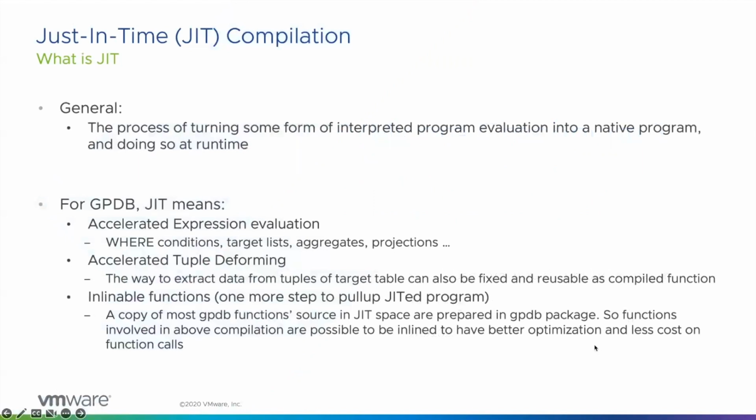JIT is not unique to GPDB. In general, it means the process of turning interpreted programs into native programs at runtime. With JIT, we can combine the flexibility of interpretation and the power of compilation to speed up execution, especially for unpredictable but repeated workloads.